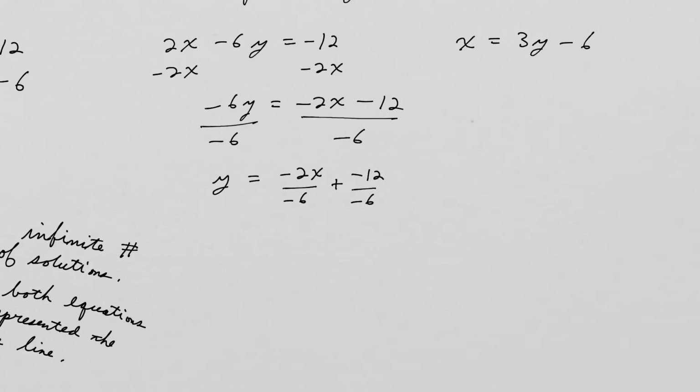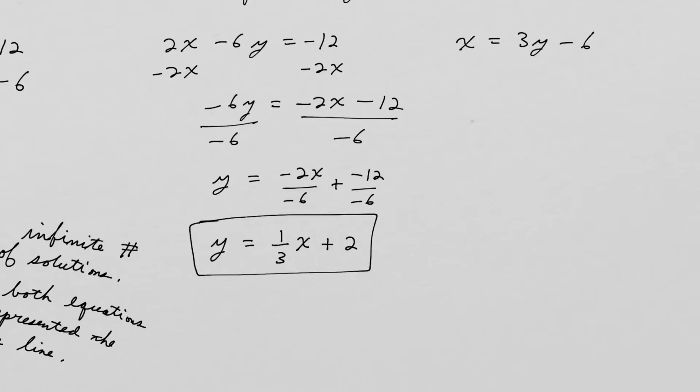But that is really this: negative 2 over negative 6 simplifies to 1/3 x, and negative 12 over negative 6 is positive 2. So I'm just rearranging that equation, but I put it in y equals mx plus b form. So in this case, the slope is 1/3 and the b is 2.